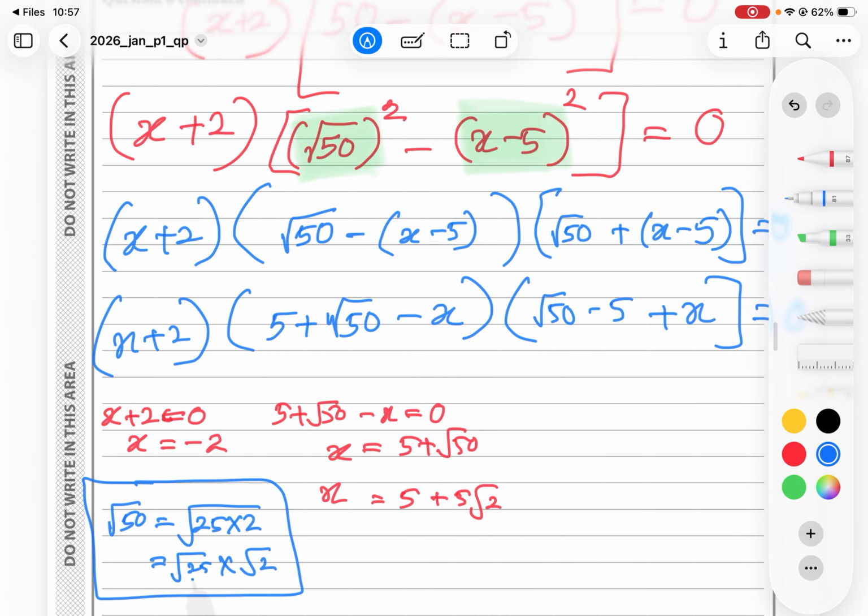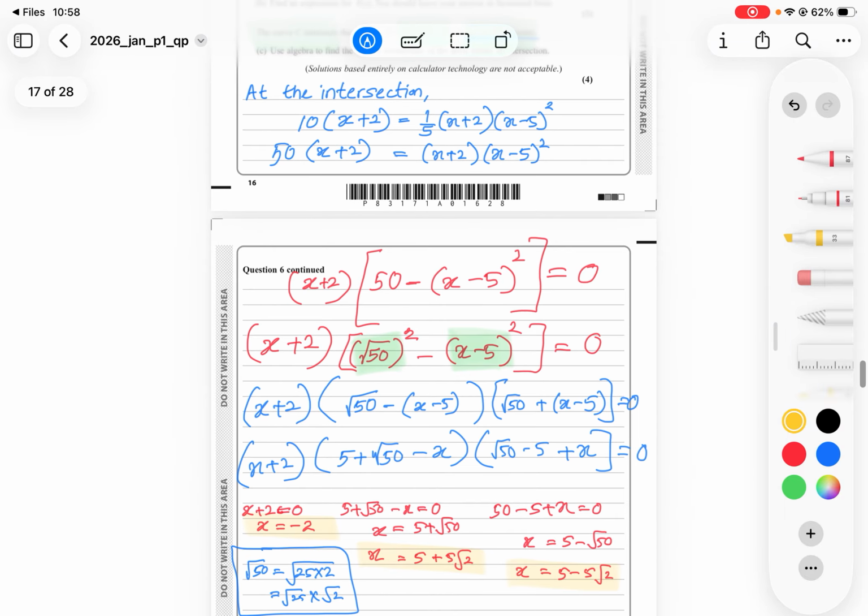Root 25 will be 5. That's why there's 5 here, 5 root 2. Similarly, the other answer would be root 50 minus 5 plus x equals 0, so x would be 5 minus root 50, which gives us 5 minus 5 root 2. So these are the three answers that we have for the intersection points.